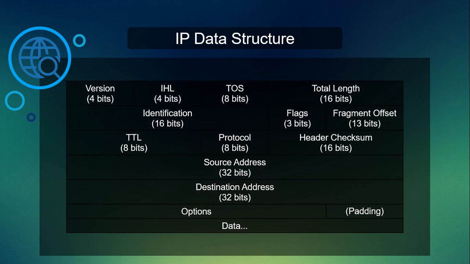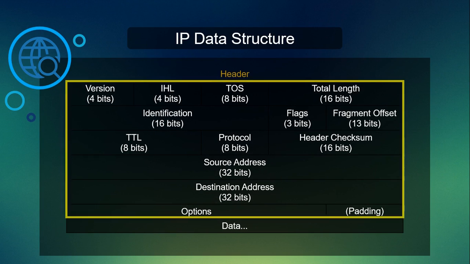This figure shows the IP version 4 data structure. The IP header is highlighted as shown in figure. Version specifies the IP version of the packet, which will be 4 or 6.